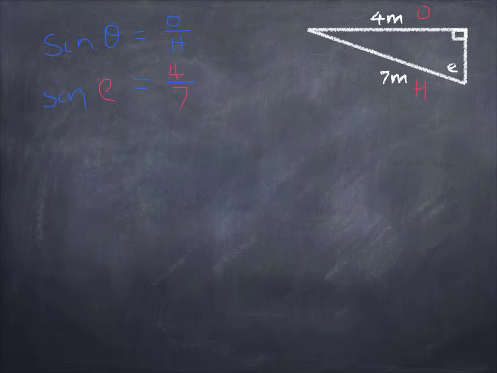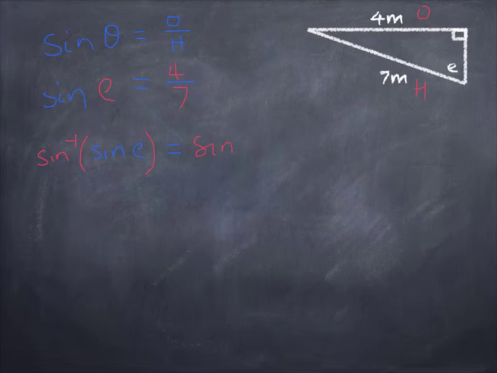Now we have a little equation here with only the one unknown. So we need to rearrange to get that by itself. Remembering again, to get rid of the sine function, we need to sine^-1 it. So we need to go sine^-1 of what we have on this side, which is sine of E. But then we also need to do that to the other side, because you always got to do the same to both sides.